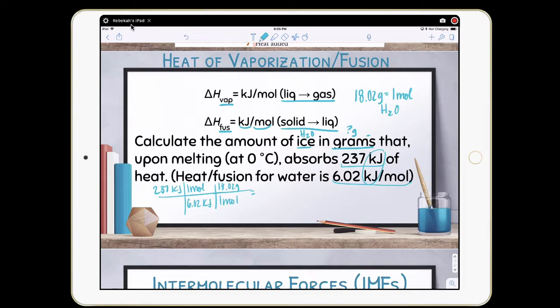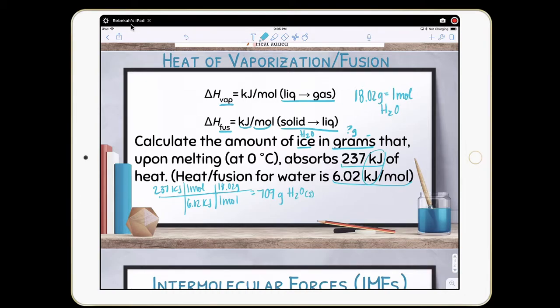And this will give us the amount of ice that absorbs 237 kilojoules of energy. 237 divided by 6.02 times 18.02 is 709 grams of water.